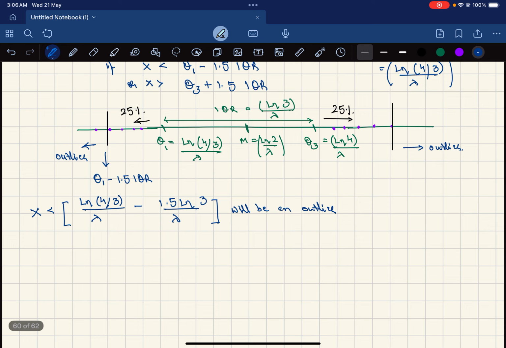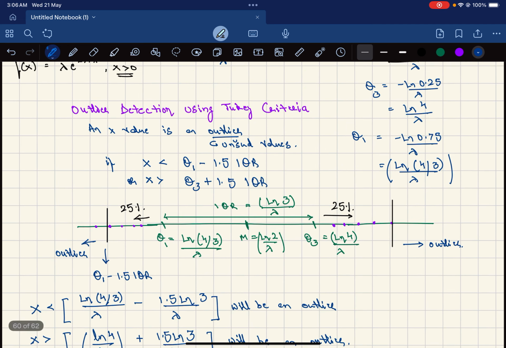Similarly, for the right hand side limit, we have x greater than ln(4)/lambda plus 1.5 ln(3)/lambda. So all the values which are greater than this x value for the exponential distribution will be an outlier on the right side of the distribution.